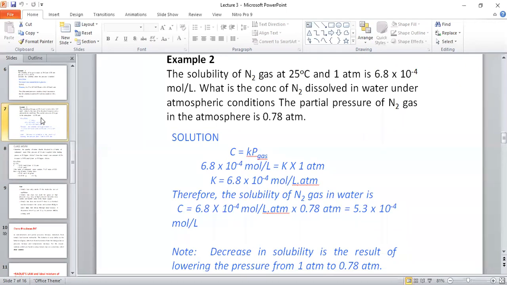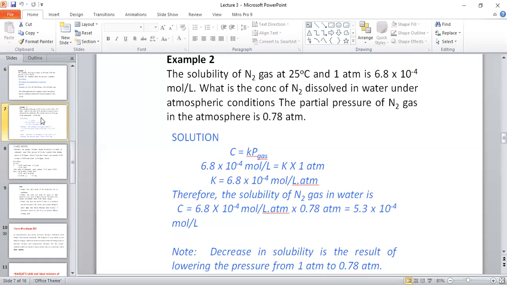What is the concentration of nitrogen gas that is dissolved in water under atmospheric conditions? The partial pressure of nitrogen gas in the atmosphere is 0.78 atmosphere. So this is the solution.